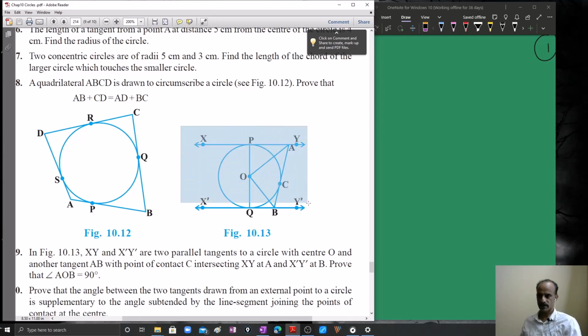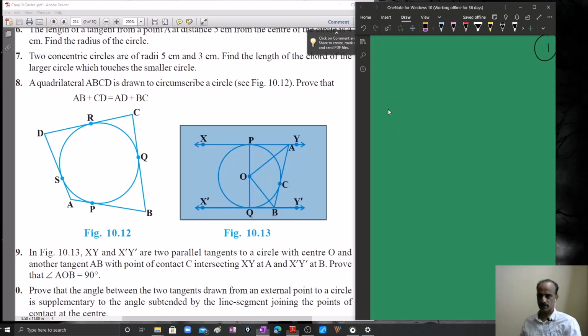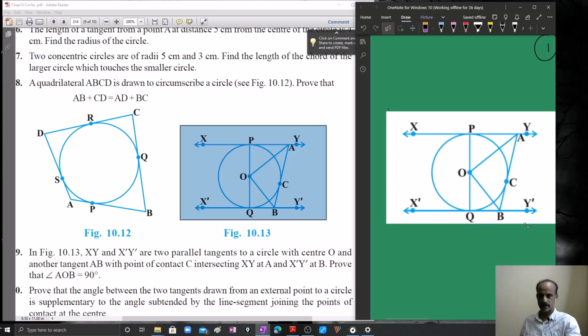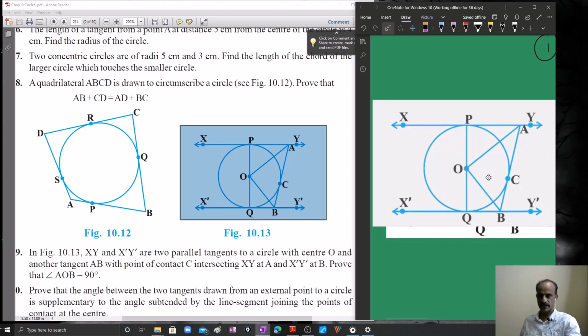Let us copy this figure so I can save time drawing it. Let us read the question again and examine the figure.